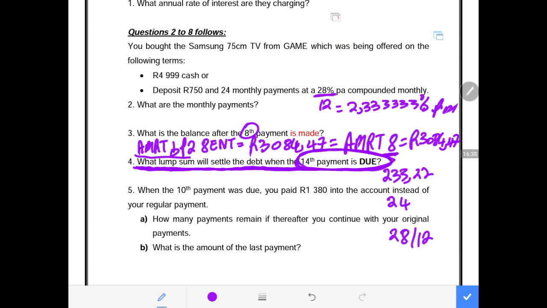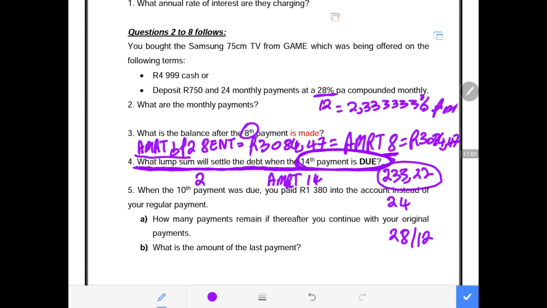That means now we don't want amount 14, because if we say amount 14, it will give us the balance after the 14th payment is made, of which we know the 14th payment is 233.22. So now we need the balance before the 14th payment is made.